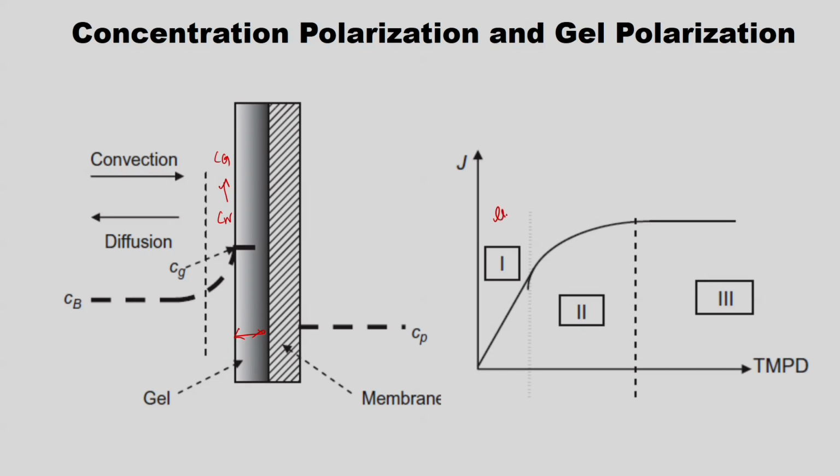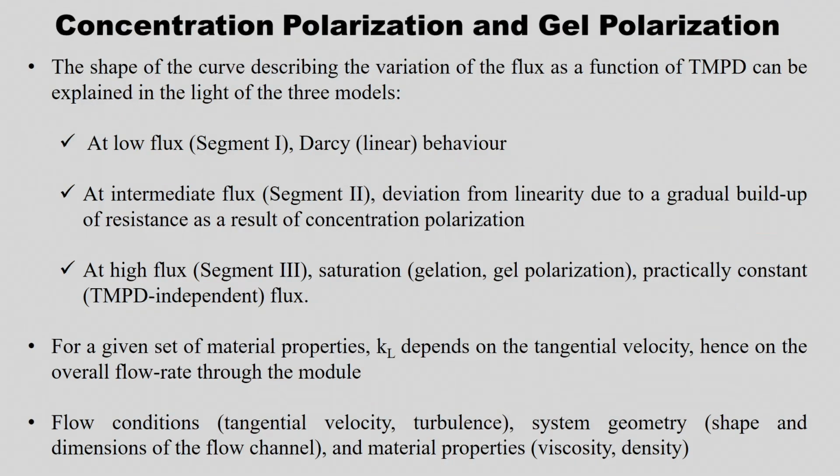So, this is the linear region. This is a transition, and after that your J becomes constant. Okay.